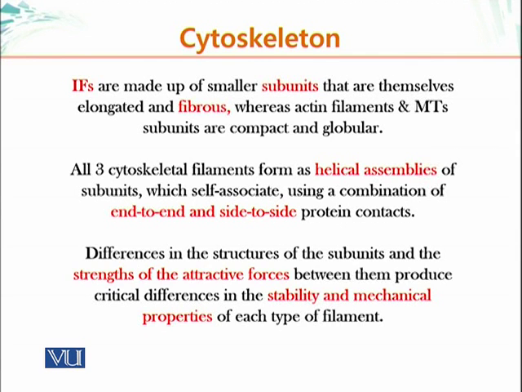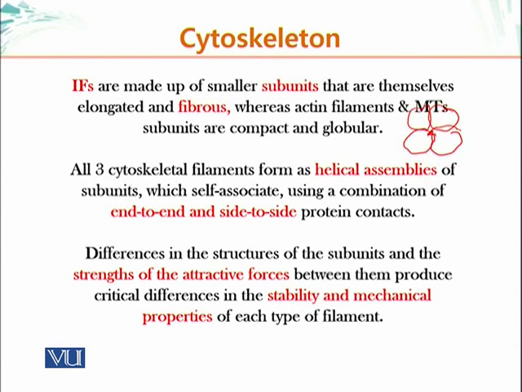All three cytoskeletal elements form helical assemblies of subunits which self-assemble using a combination of end-to-end or side-to-side protein contacts. I'm sorry, so two ways. You have a protein here. Here, for example, are two subunits. They can form contacts. They can stabilize.